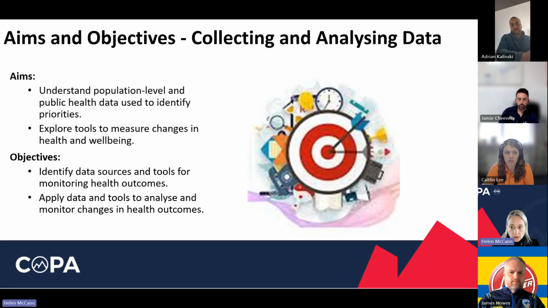The aims are to understand population level data and explore tools to monitor changes in health and wellbeing. And the objectives are to identify data sources, apply tools to monitor trends, and use the findings to inform decisions. Hopefully by focusing on these objectives, you'll gain practical skills that support effective decision making.